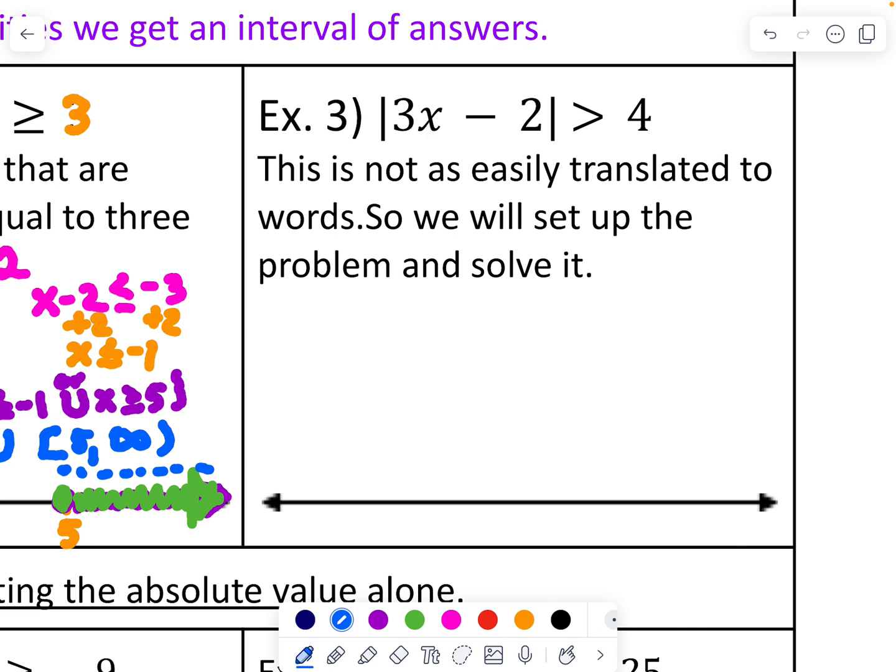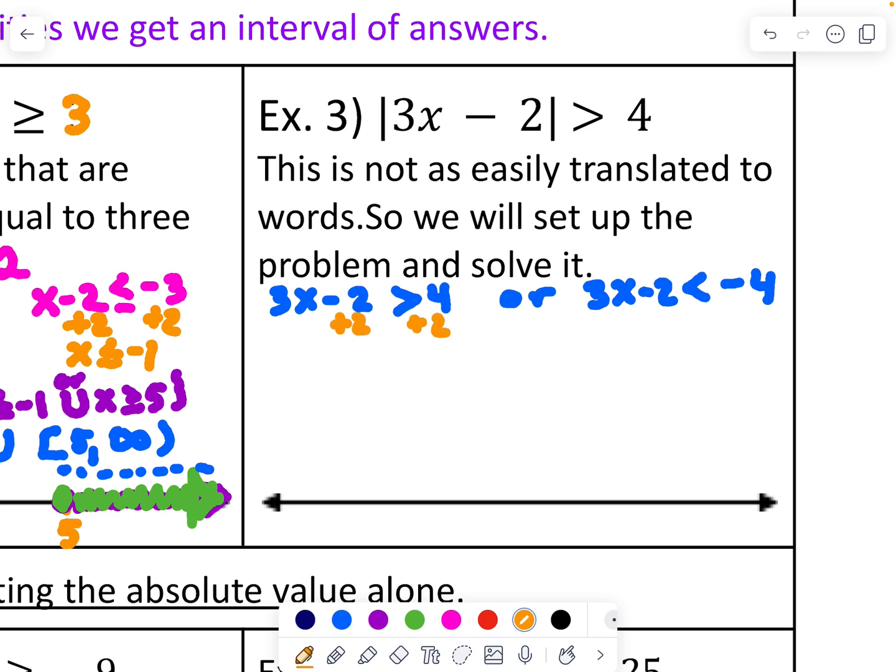So we're just going to set up the problem and solve it. So that was when we were taking the inside and doing greater than 4. Now, since this is a greater than, that means it's getting further away, so it's going to be an or. And then the other side is going to be the inside, and then the opposite value, which means that we need an opposite inequality. Okay, let's solve the first one.